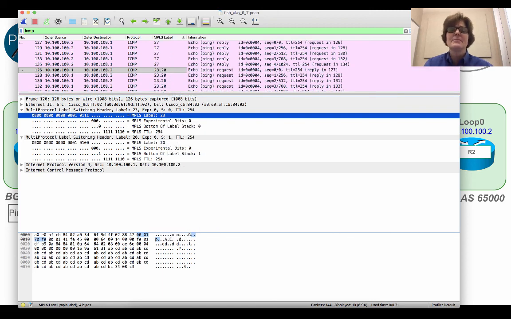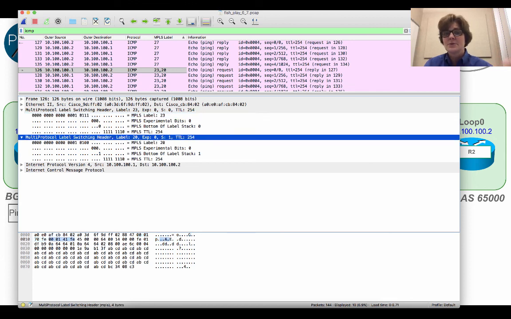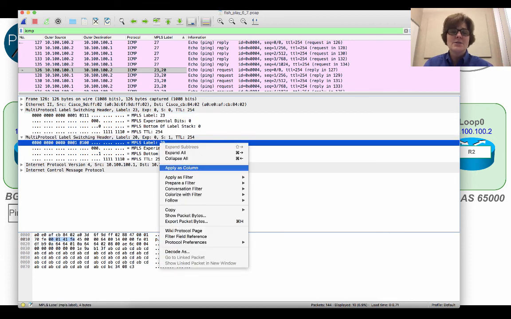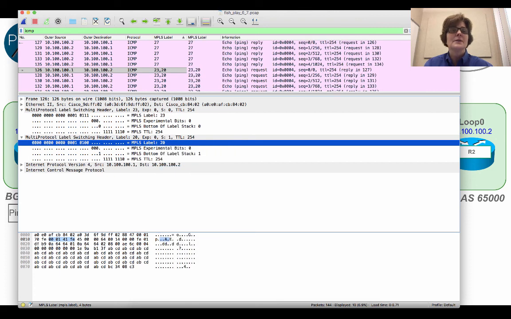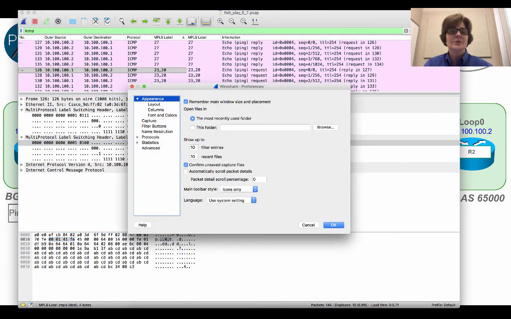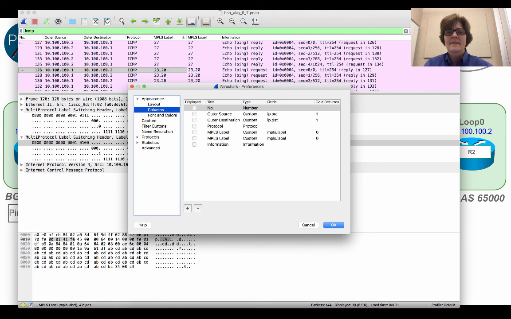Now what actually happens when you apply as a column is you see some of them only have 1 label, some of them have 2 labels, and this one right here should have 2 labels. It should have 23 as what we're referring to as the outer label, and then 20 as the inner label. The reason it's doing this, I'm going to apply another column, is because by default the field occurrence is grabbing both of them.